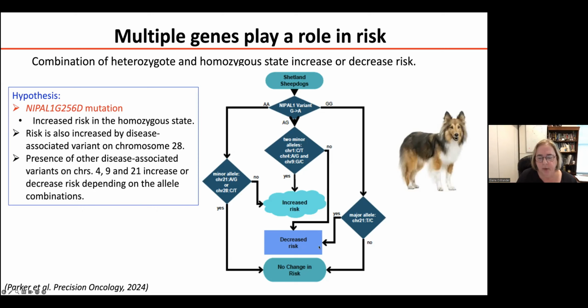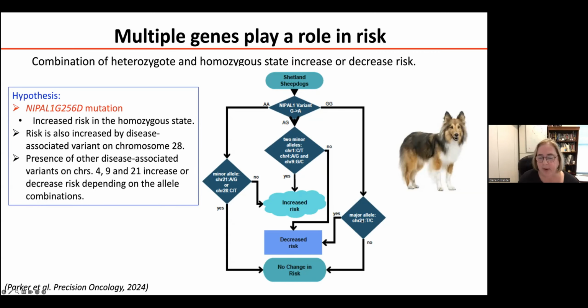So you can actually build a diagram that looks like this. And so you can start with the original G to A mutation, and you can be a homozygote for one or the other allele, or you can be a heterozygote. And then you can work your way down and add in, well, what happens if you have the minor allele at chromosome 21 or chromosome 28?